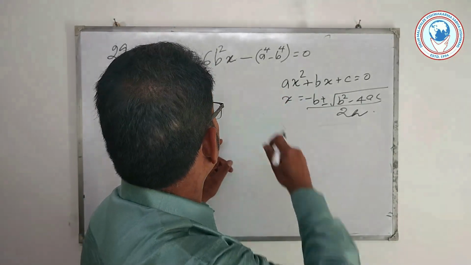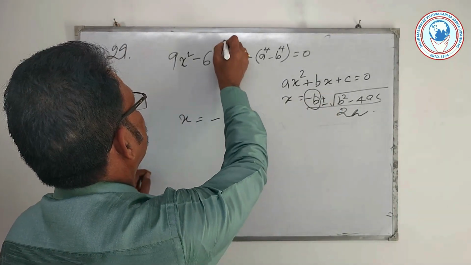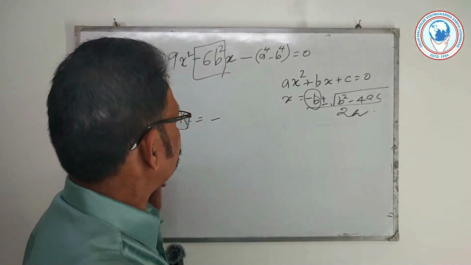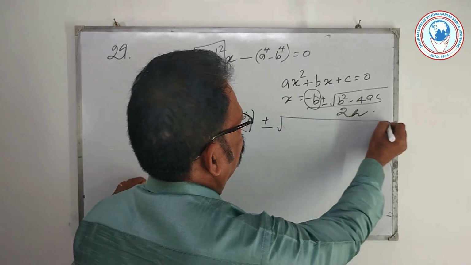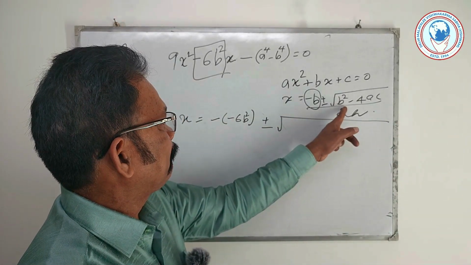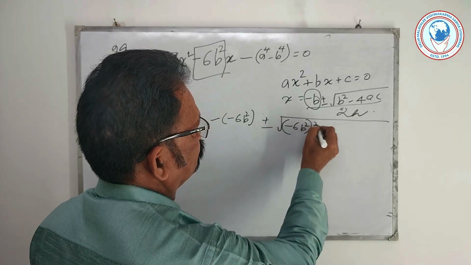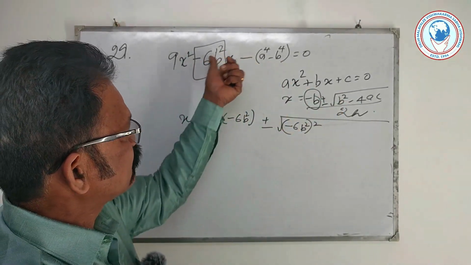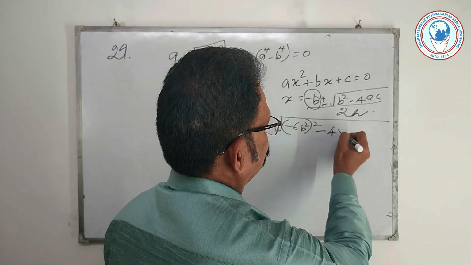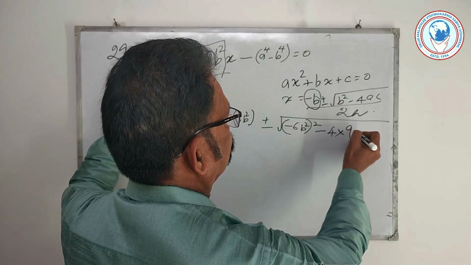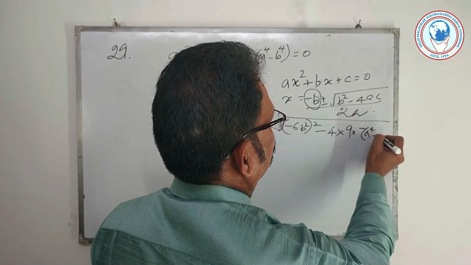Here x is equal to minus b, where b means this whole part, minus 6b square, plus or minus root of b square, minus 6b square whole square, minus 4ac. 4 into a, a is 9. C is minus of a raised to 4 minus b raised to 4.